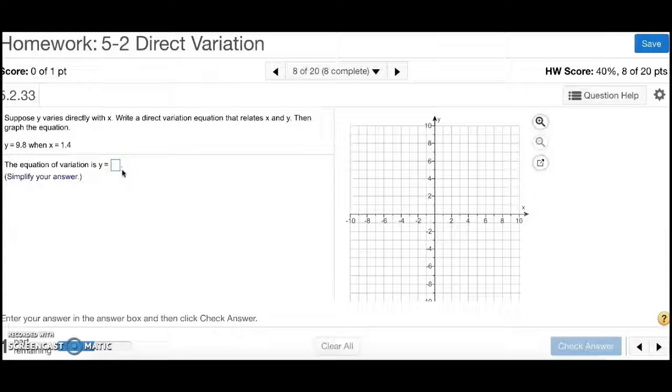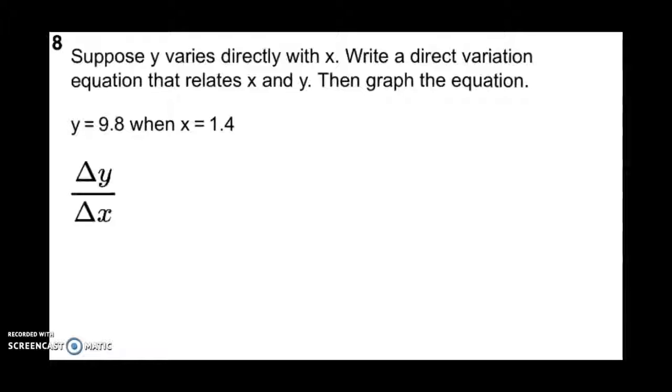Number 8. Suppose y varies directly with x. Write a direct variation equation that relates x and y. Then graph the equation. So let's do that. So we have change of y over change of x. So 9.8 is y, 1.4 is x. Divide them and you get 7.